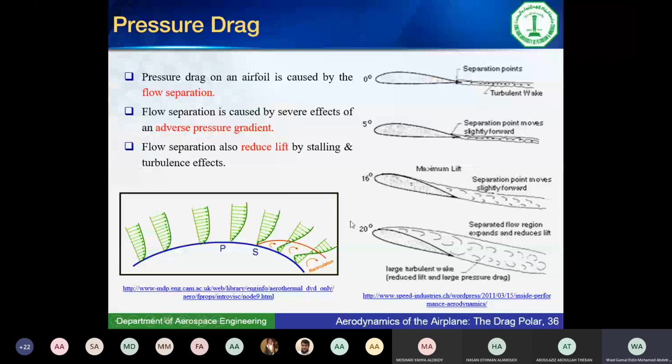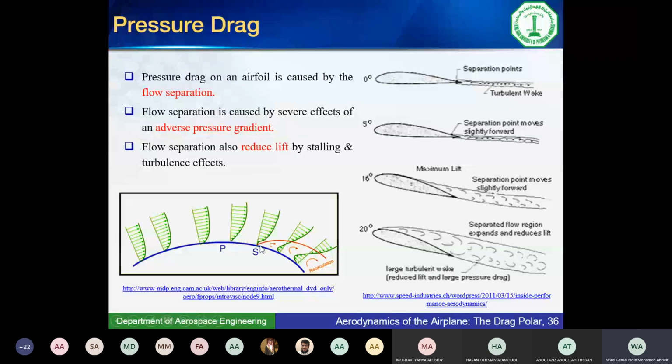The pressure drag is the last type of drag that we have, which is generated by the flow separation. If you have air sticking to the surface all the way to the end, which is the ideal case, we will never have pressure drag. But in reality, at some point, the flow starts to have what we call an adverse pressure gradient. What do we mean by adverse pressure gradient? A resistance as it moves above the airfoil.